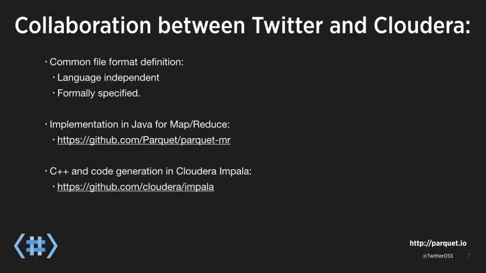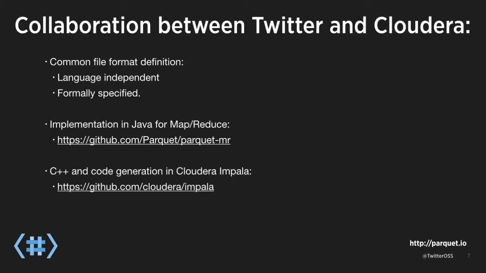So we started this project initially as a collaboration with Cloudera. We both had a prototype of building a columnar file format. And at some point, I talked a little bit on Twitter, and I got contacted by people at Cloudera, and we talked about it, and we decided to merge our efforts. One of the great particularities of working together on that is that Impala is written in C++, and so that gave us very strong enforcement of language independence, right?